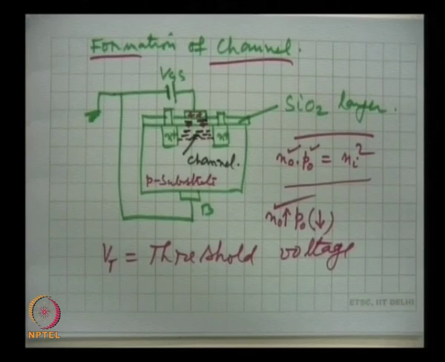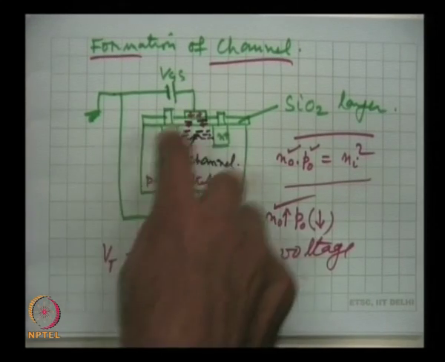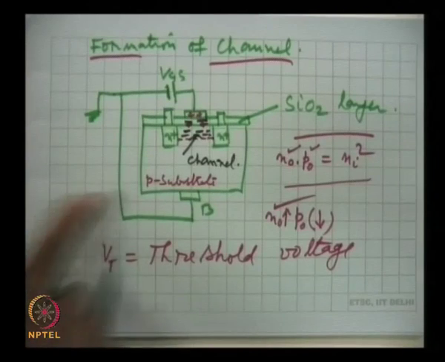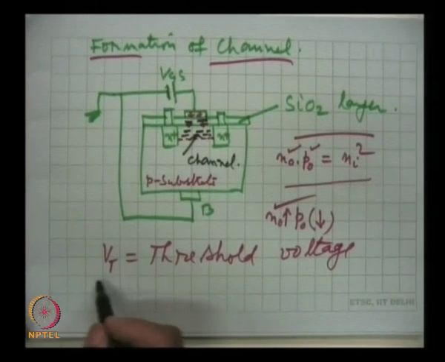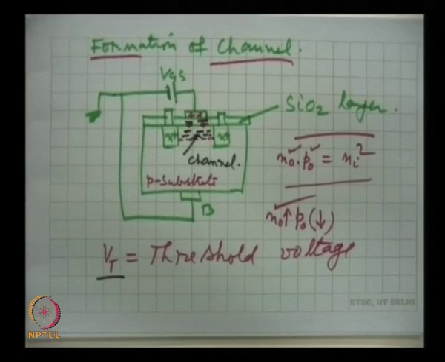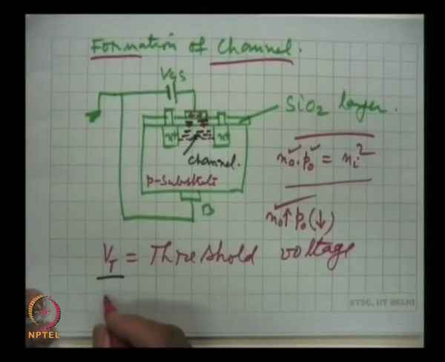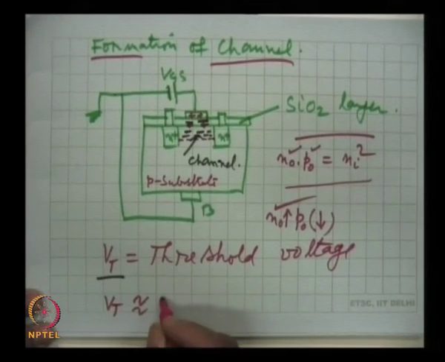If we remove the voltage, the channel disappears. So, this device is operated only at voltages in excess of Vt, the threshold voltage, and for current devices Vt is normally around 2 volts.